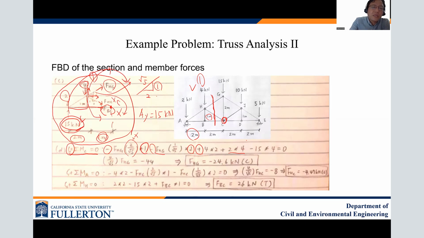And then don't forget the reaction AY, 15 kilonewton, with a moment arm of 4 meters, right? That one is clockwise, sorry, it's clockwise, so there's a negative sign about C, right? The 15 is upward, and it's clockwise, so there's a negative sign.